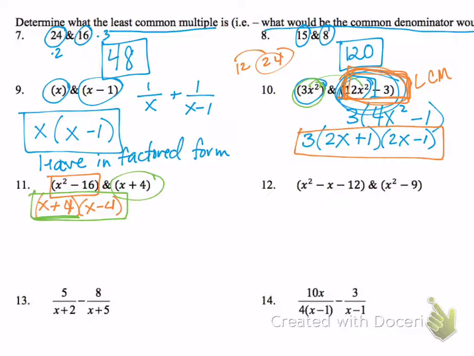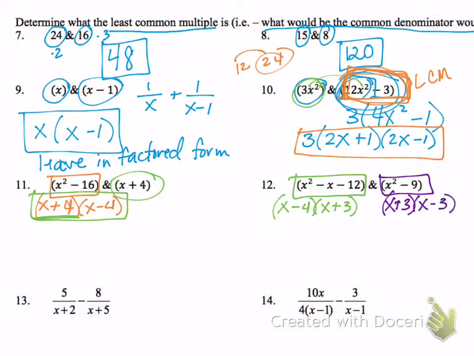I can factor both of these. So how do I factor the left side? x minus 4 and x plus 3. And then how do I factor the right side? x plus 3 and x minus 3. For my least common multiple, it's going to be all of the parentheses that are different.